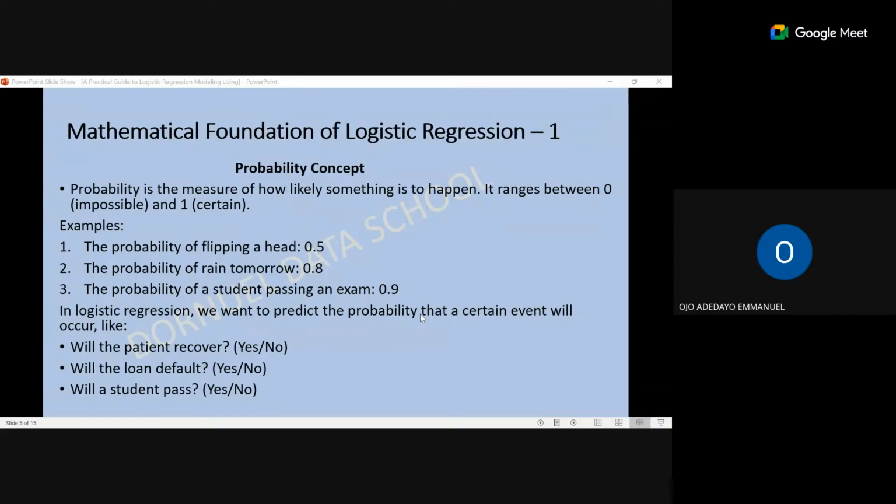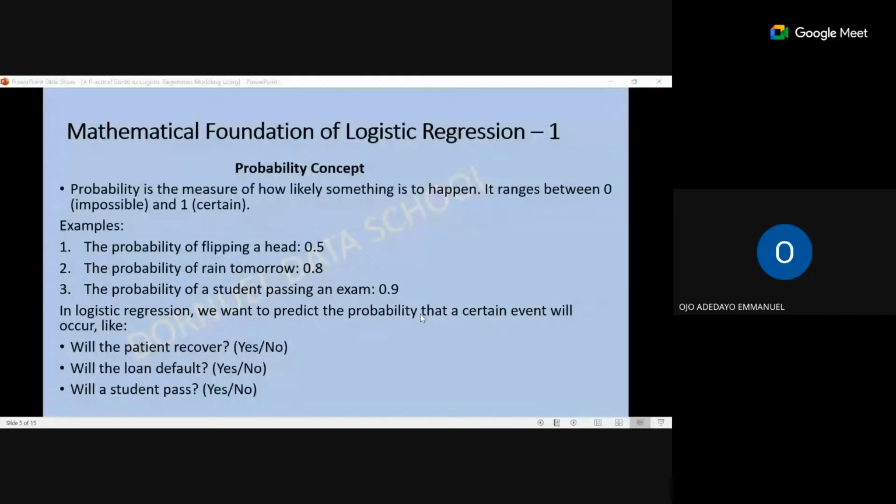So in logistic regression, we want to predict. Now, I want to be joining them together. In logistic regression, we want to predict the probability that a certain event will occur. Will the patient recover from a particular sickness? We want to predict the probability. What is the probability that, given the drug, the treatment, the intervention we are giving this patient, this patient is going to survive?